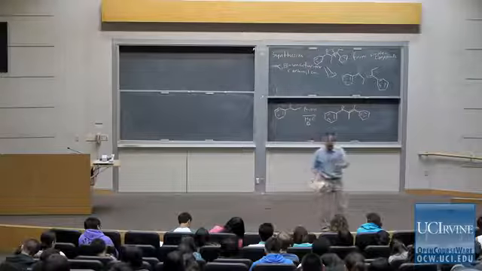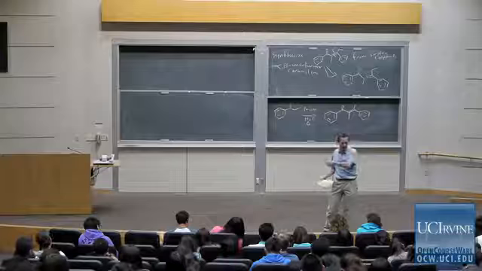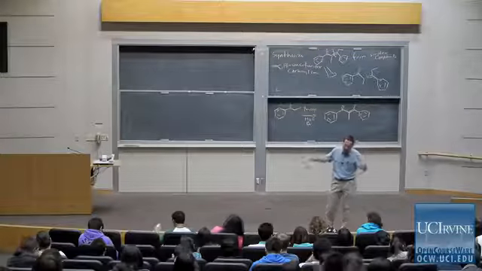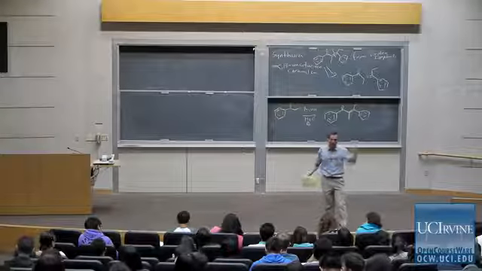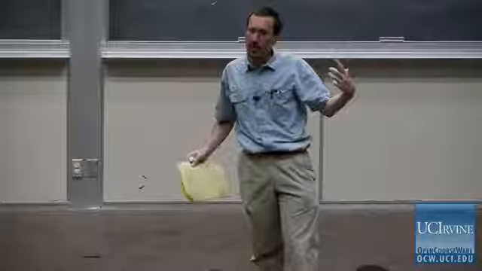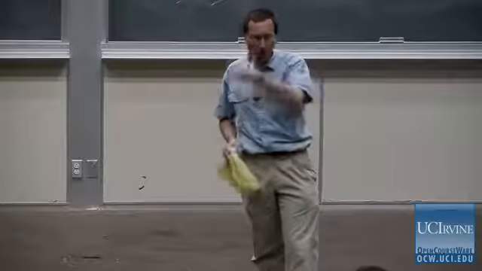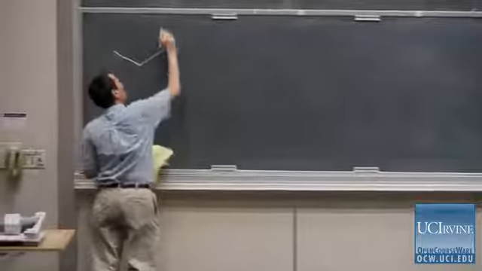Either I want the beta-hydroxycarbonyl compound, or I want the alpha-beta unsaturated carbonyl compound, but I don't want both. Either I want this component to be the nucleophile, or I want that component to be the nucleophile, but I don't want both because I'll get a mixture. And of course, as one starts to have mixtures of things, you have problems.